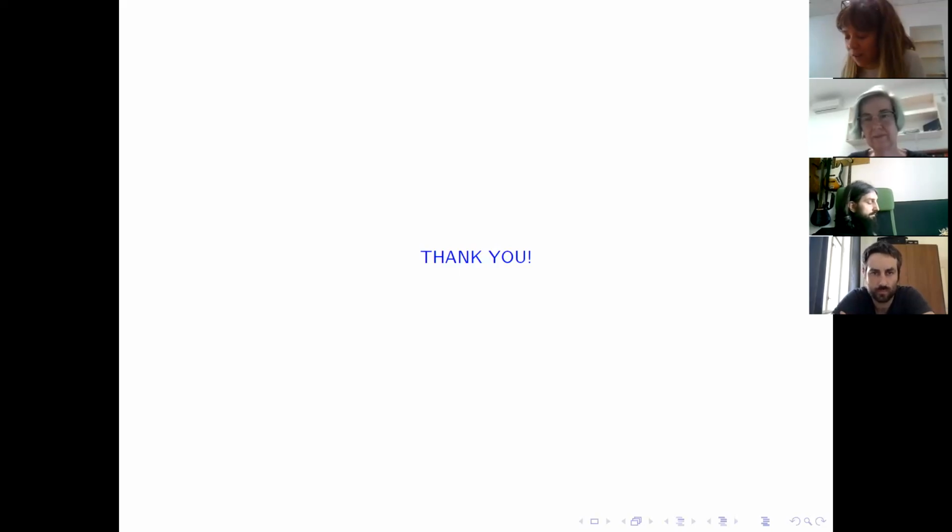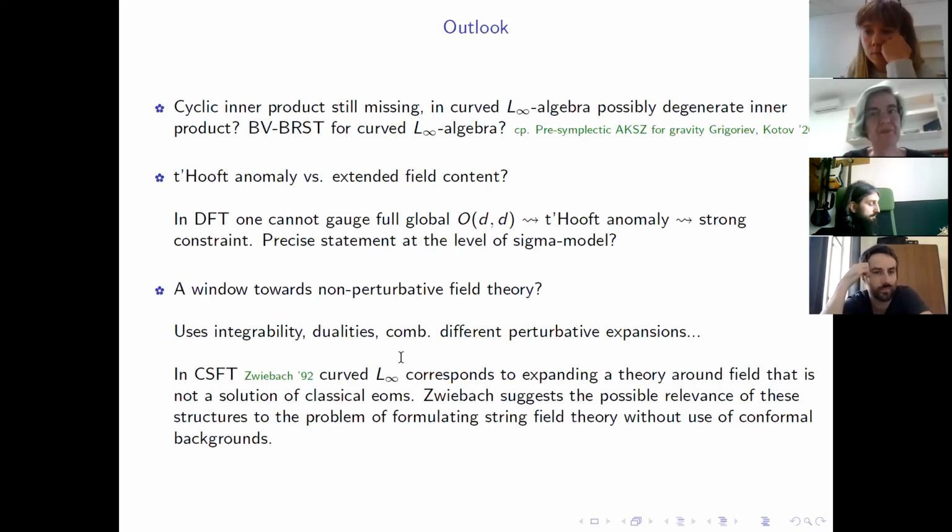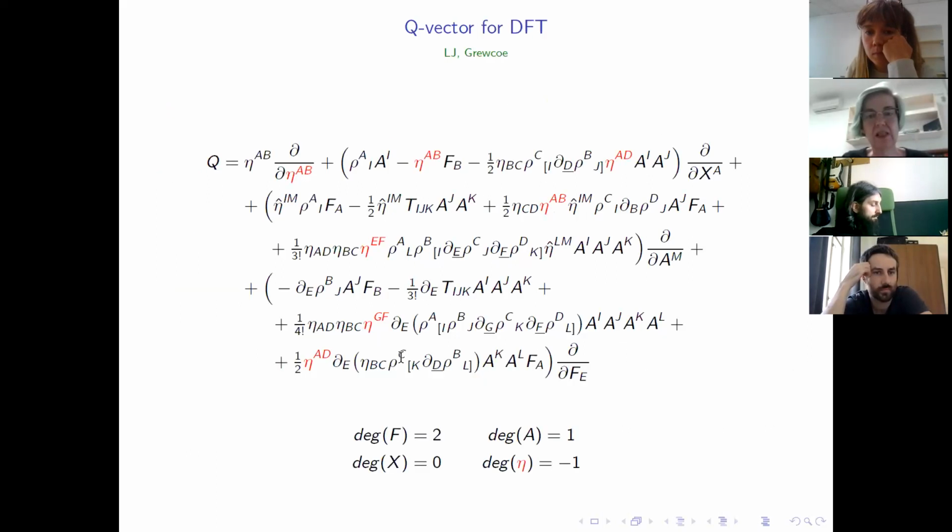And maybe I was wondering, what problems do you have for that exactly? So you cannot read it from the homological vector field?